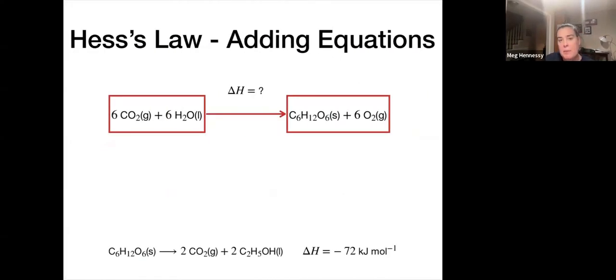If you want to see it look a little bit more like a cycle, you can say, well, I can't get directly from carbon dioxide and water to glucose and oxygen because I wasn't given that data. But I was given some other data. I was given some data about how to ferment the sugar to make ethanol and CO2.